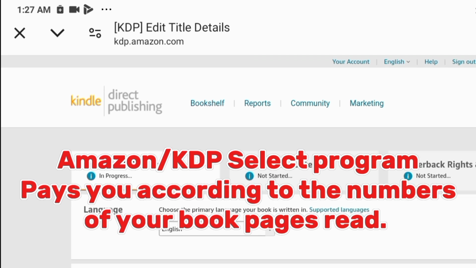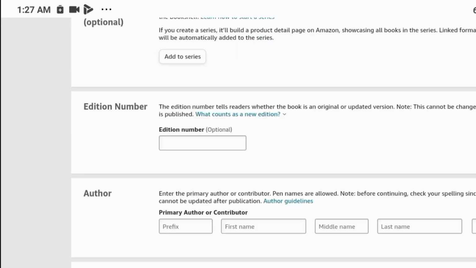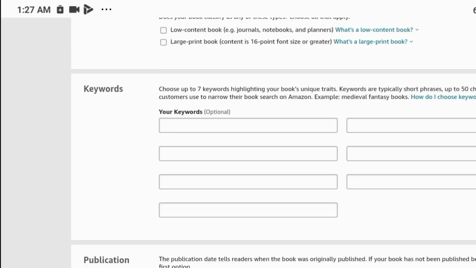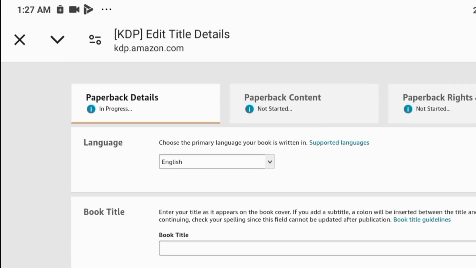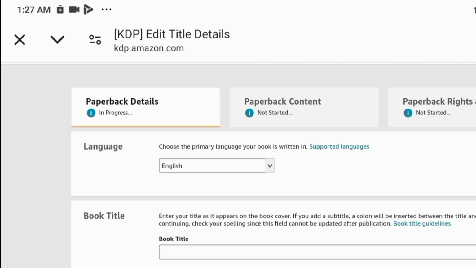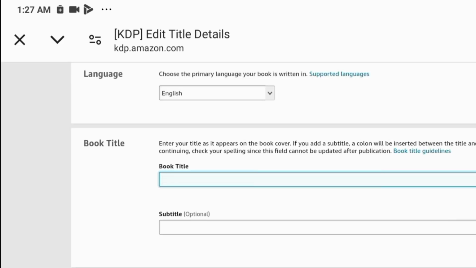In fact, that is the crucial truth about the KDP Select program. It's a nice thing to do if you really want to enroll your book there.